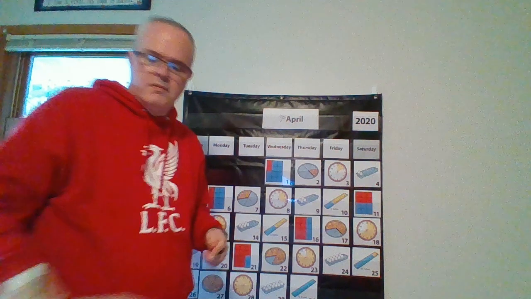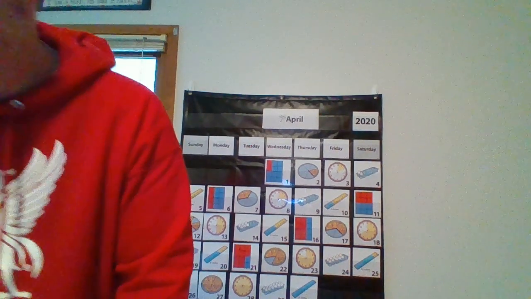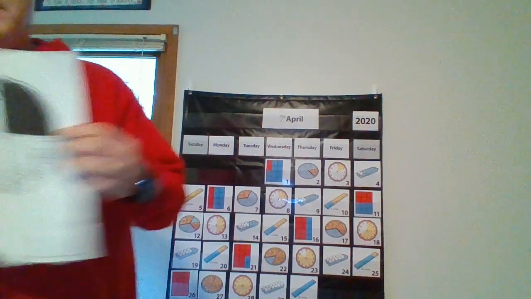1/6. Okay. So we talked about half hours a couple sessions ago. So now we're going to talk about a quarter of an hour, right? We're looking at a clock face. Often you hear people refer to quarter hours.